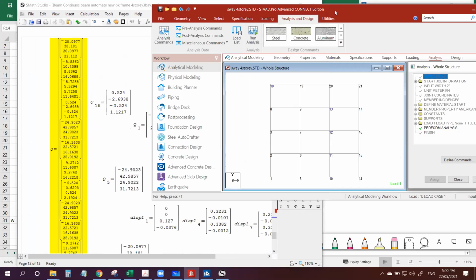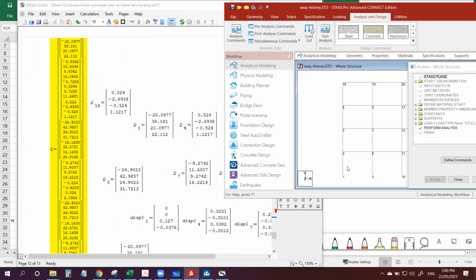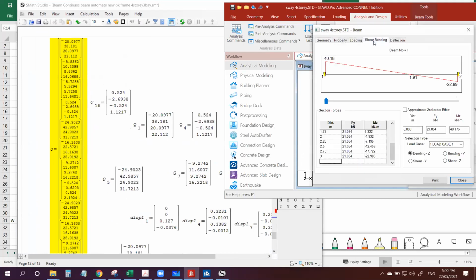Let me see. 20 and 40 and 22. STAAD gets 40 and 22 for the bending. I'm getting 38, 22. Okay, for the shear, 21. This one is almost 21.